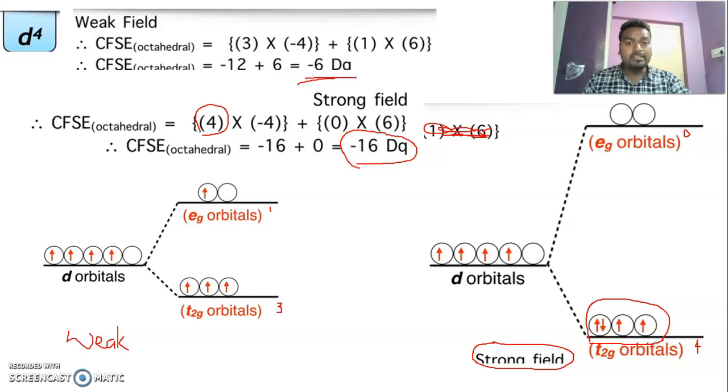Here it is -6 Dq, here -16 Dq. That means this complex is highly stable compared to this, because it has less energy. That's why the one having the strong ligand is highly stable. Now next I am going to calculate for the d5 system.